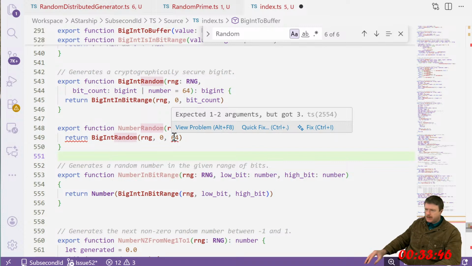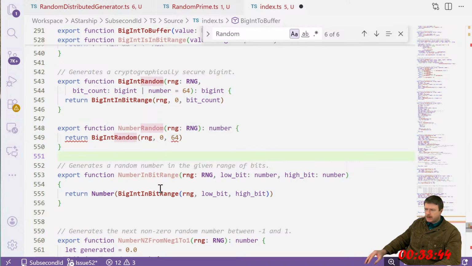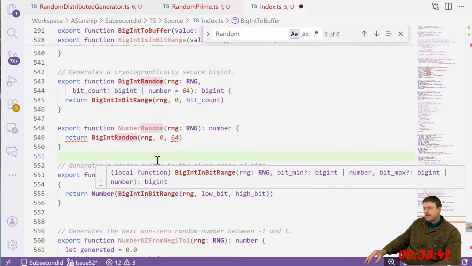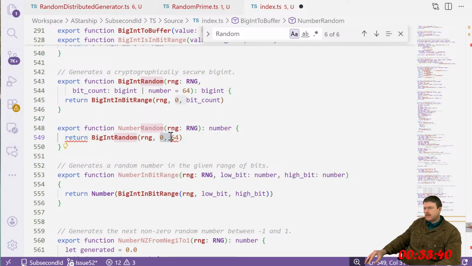Argument expected 1 to 2, and then I got 3. Oh shit.